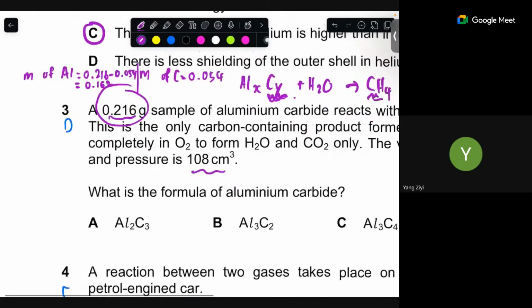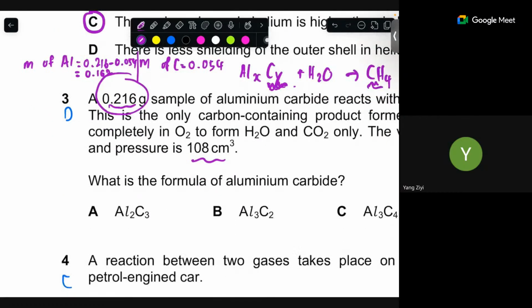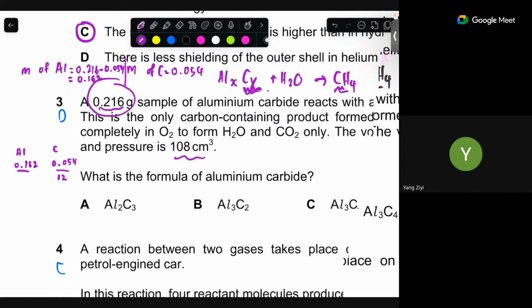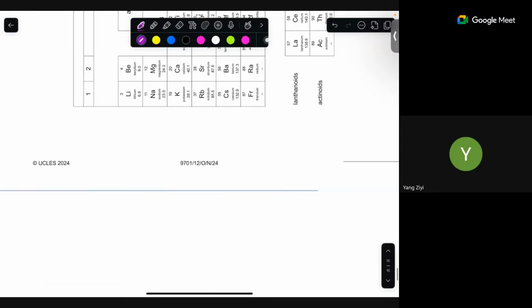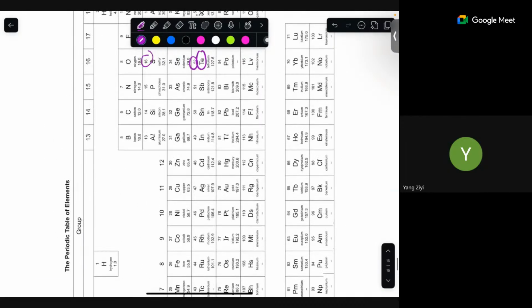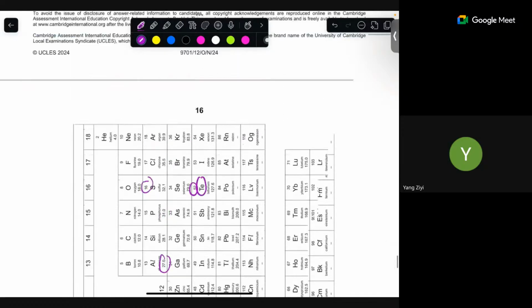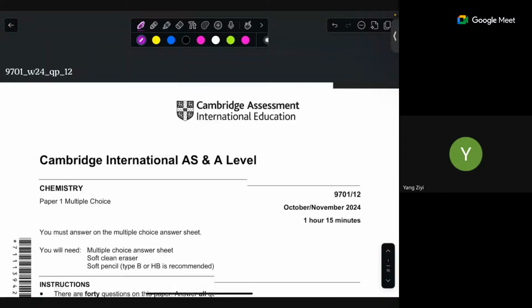Now here, if you have aluminium 0.162, and then you have carbon, which is 0.054, we can find the ratio. Carbon is 12, and aluminium, you can check, is 27, so we will use 27 for our calculation.